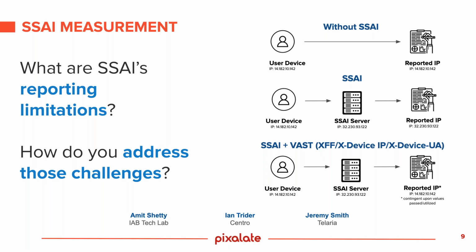At least one very major ad server does not by default consume this information, and so that can create scenarios where a third-party ad server disagrees with the DSP and the SSP as to the geo of the impression, or might incorrectly flag it as fraud on the basis that the IP address that they recognize is the IP address that's literally making the request, the SSAI proxy.